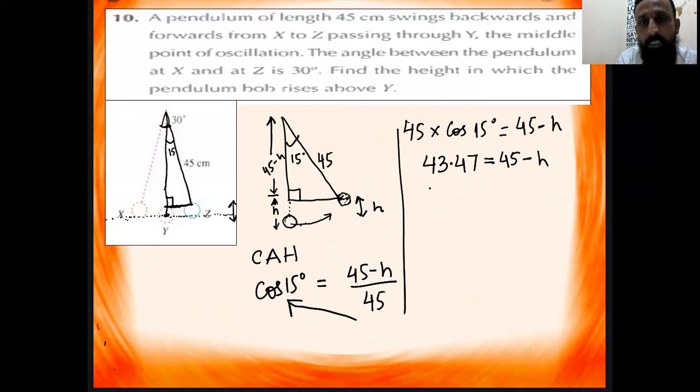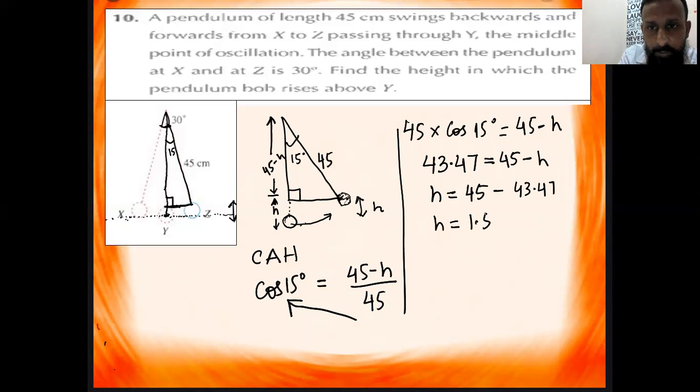Bring this h on this side and shift this 43.47 on the other side. So 45 minus 43.47. You can use your calculator, boys and girls, to get your answer. That is 45 minus 43.47. The answer is found to be 1.53 centimeters.